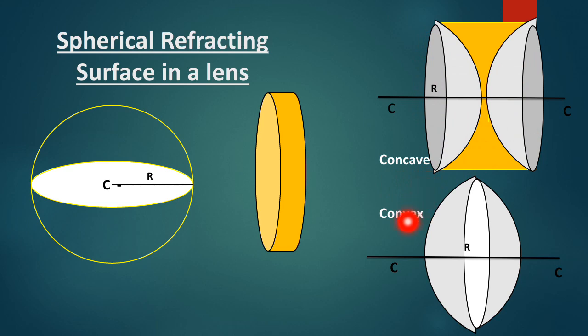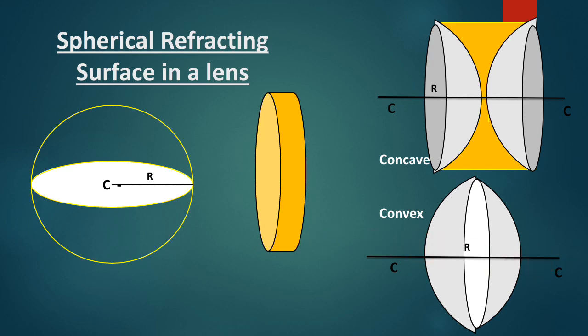And now, you see, this is a convex lens. Here we have outward curved surfaces. That means the first refracting surface is curved outside and the second one is also curved outside, and both those surfaces are taken from a sphere, so that's why they have a center.